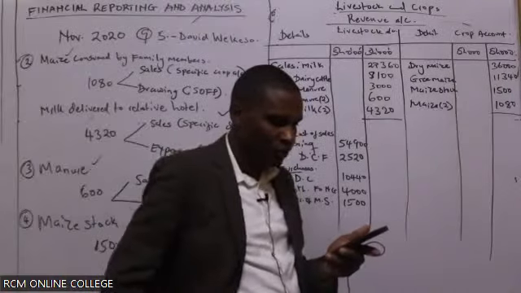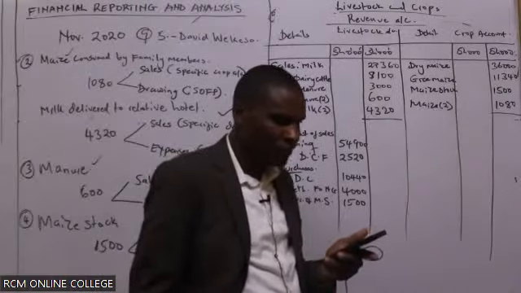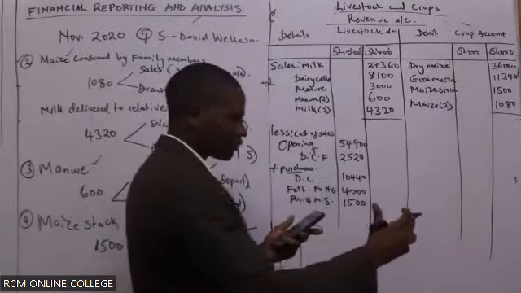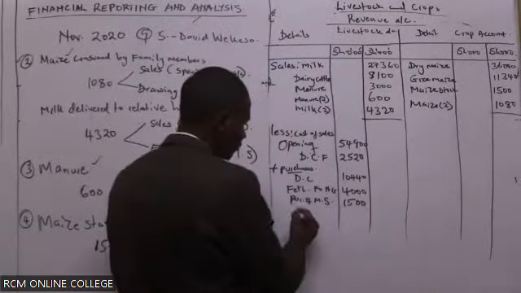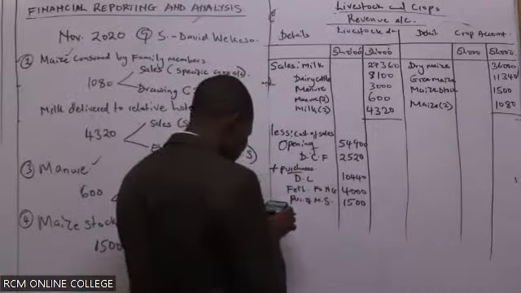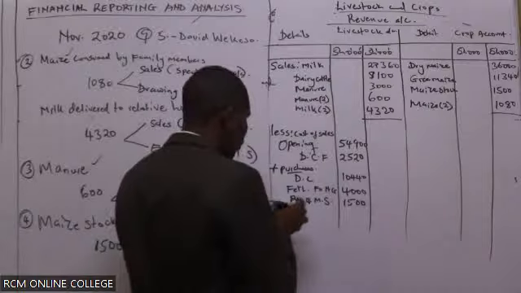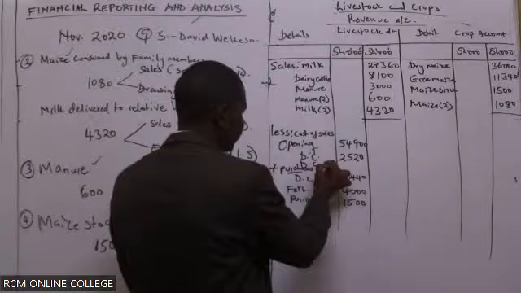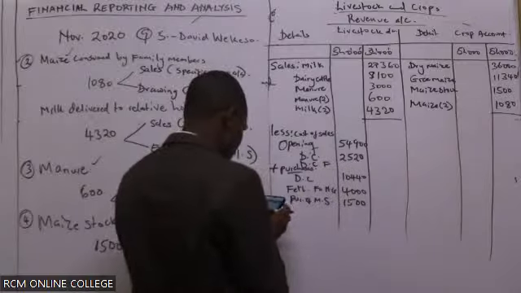Somebody, is this 6120 or 1620? Thank you. Kwani zilikuwa mbili? Ilikuwa dairy cattle peke yake, and then dairy cattle feed under purchase.